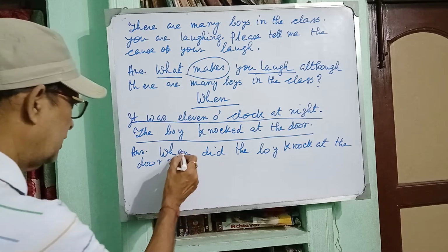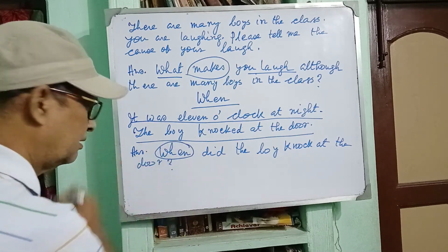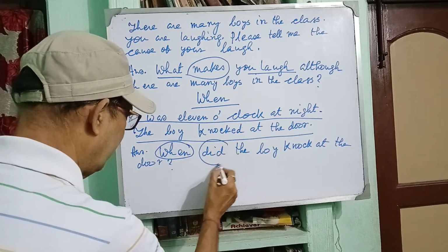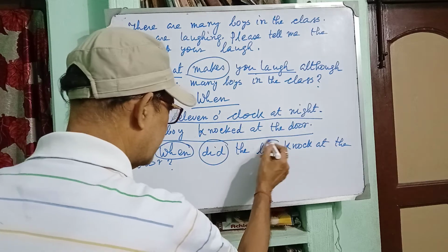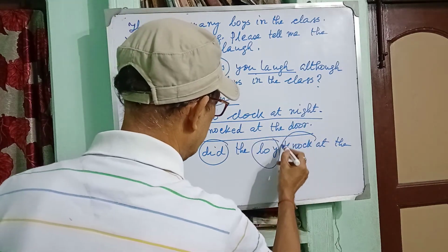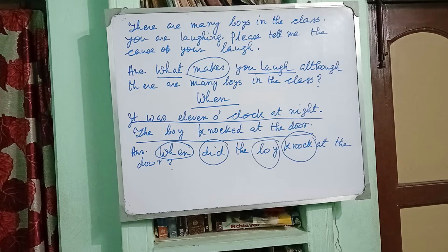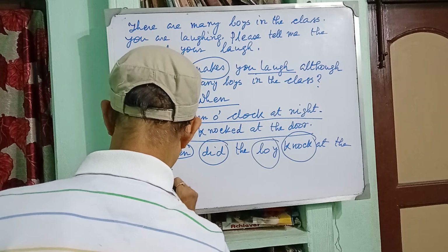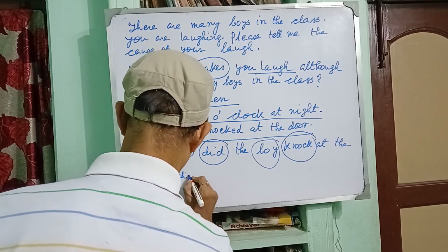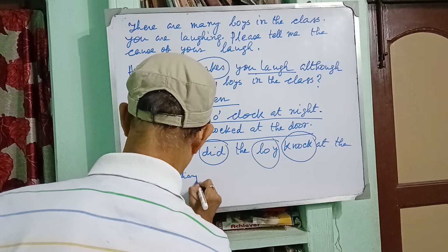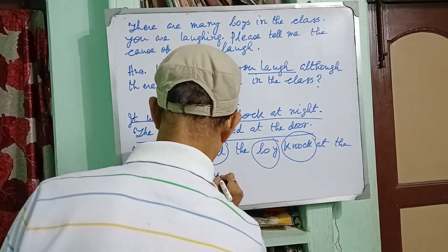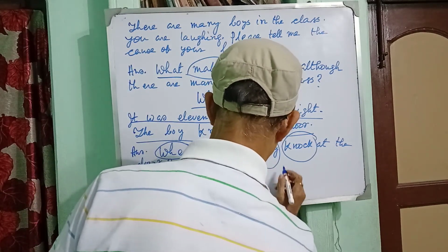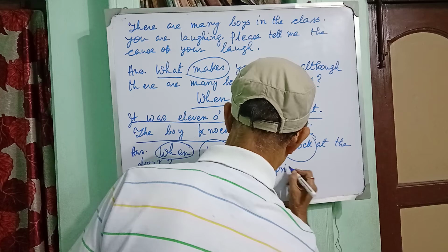So the WH word when, that is time. When suggests always time. Then auxiliary verb plus subject plus principal verb. So what is the formula? The formula is WH word plus auxiliary verb plus subject plus principal verb.